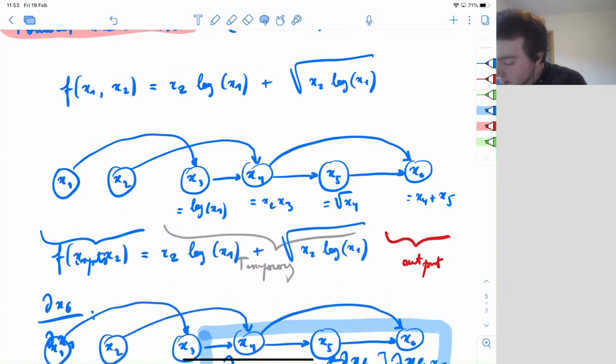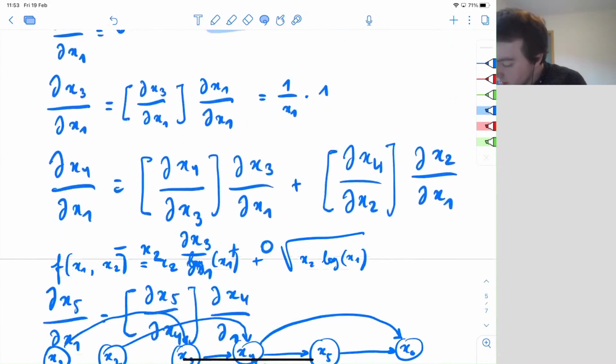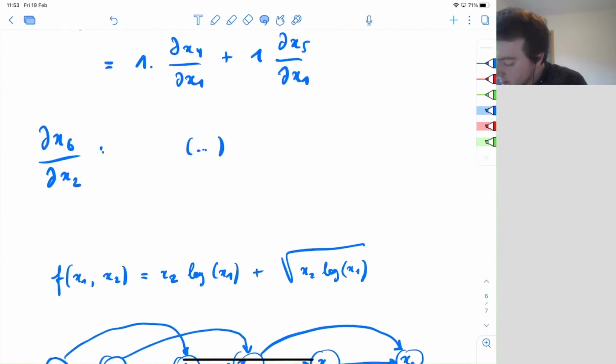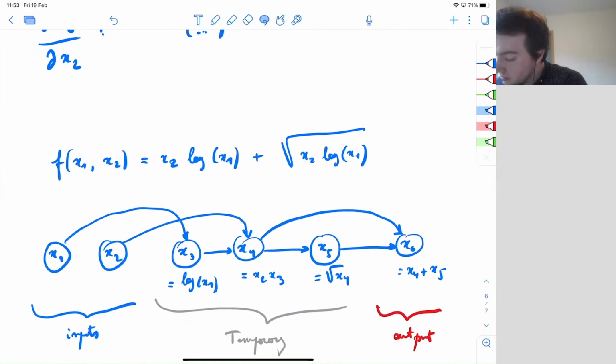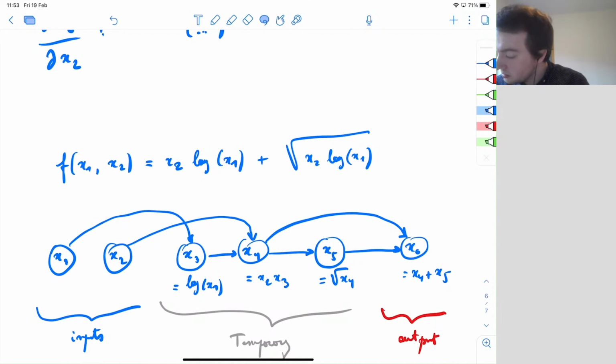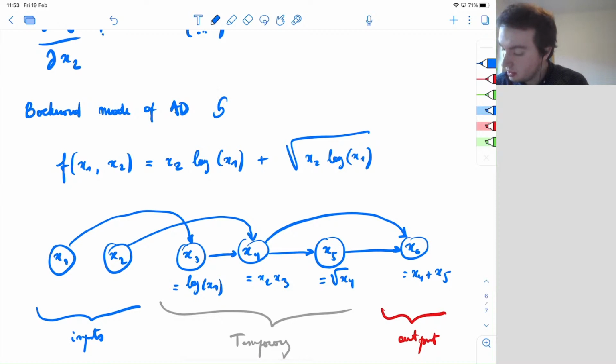After that, it's just bonus. Backward mode of AD, and that's slide 20.